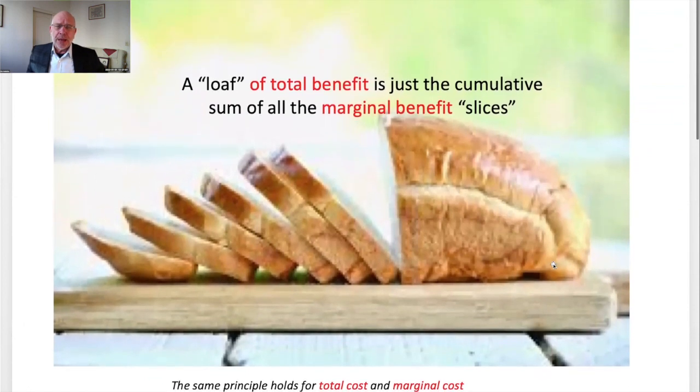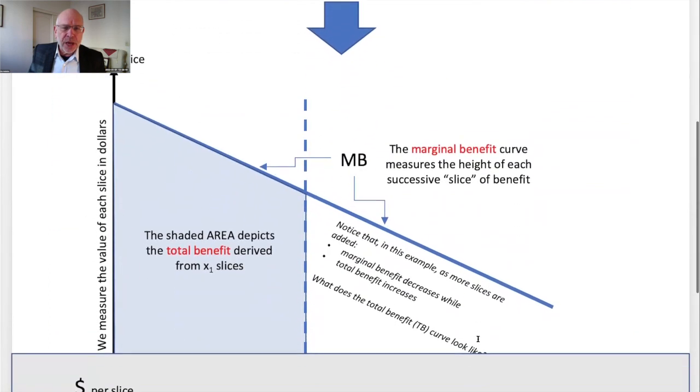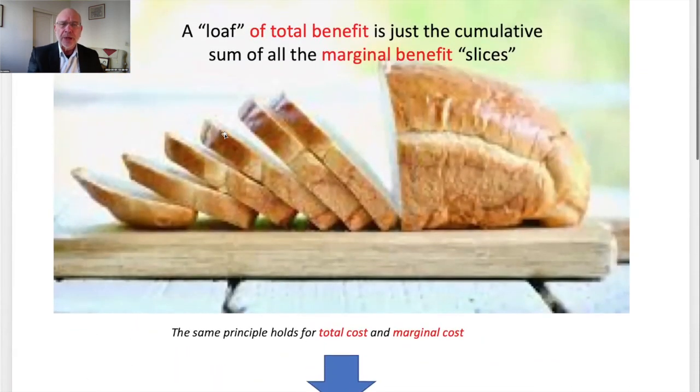If we're thinking, for example, of something like marginal benefit, as we get more and more of something, say slices of bread, as I've indicated here, if we're looking at the benefit, well, that first slice of bread, we're really hungry, and so it's got a certain benefit. The marginal benefit is the benefit of an increment. It's like an incremental benefit, or the benefit associated with one more of something, right?